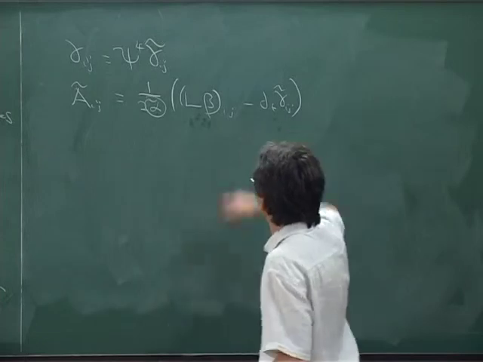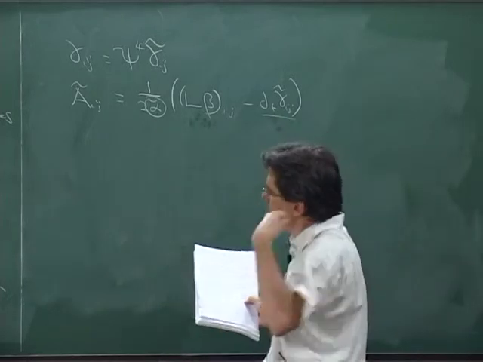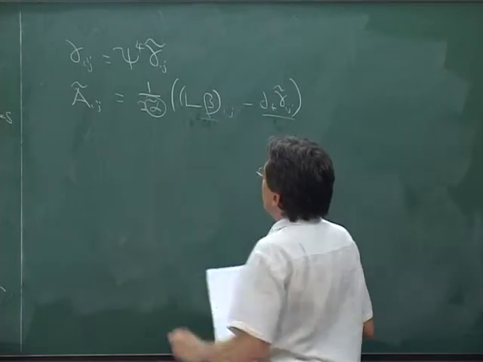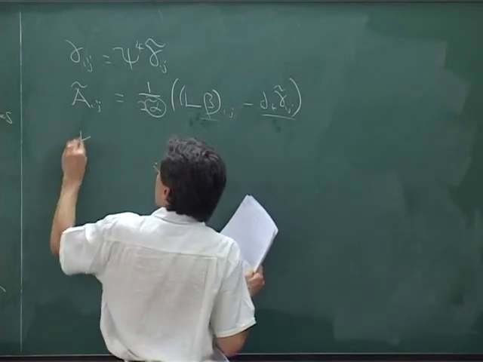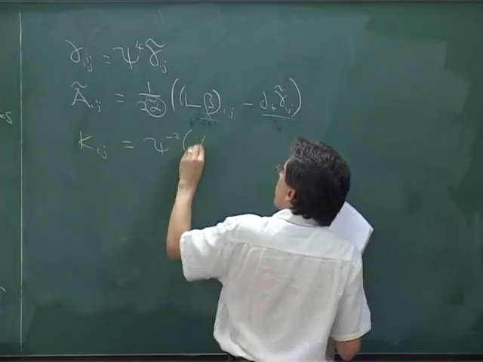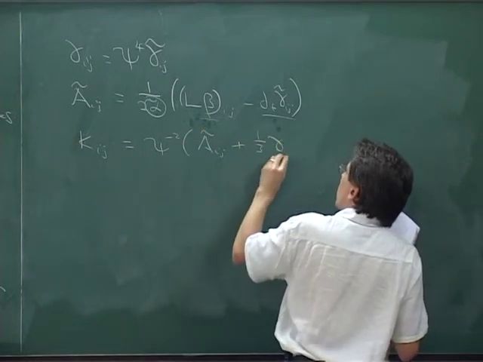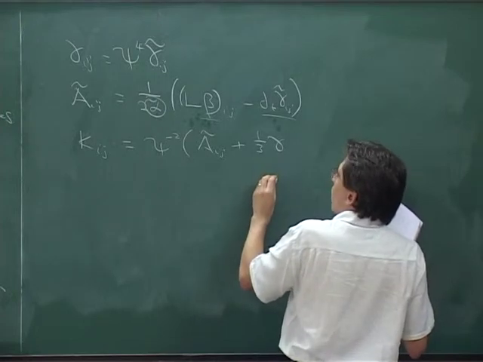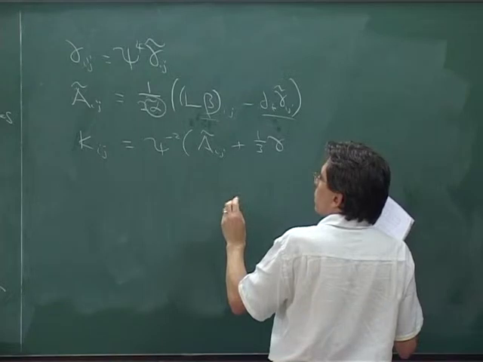But anyway, you can see that this is a piece of data that you've specified. You actually specified this one as well. This is some extra. And then for your shift that you got from solving the momentum constraint, you've got this. And so then your extrinsic curvature is then what have I done?